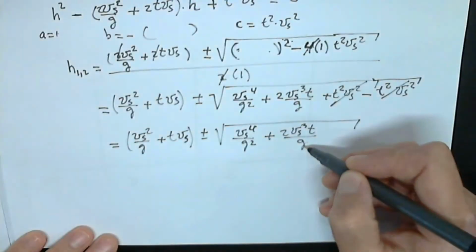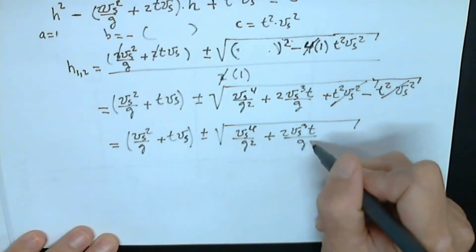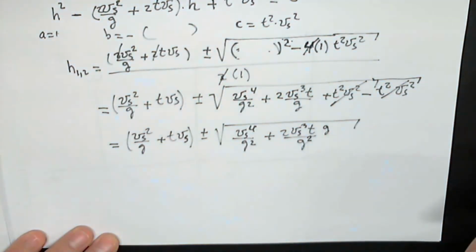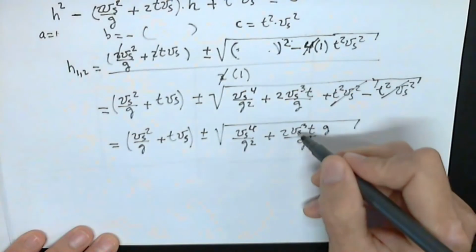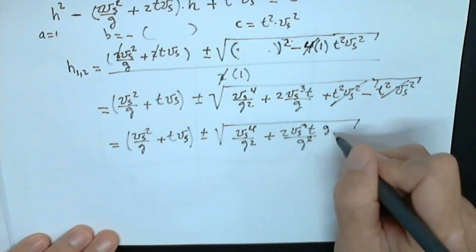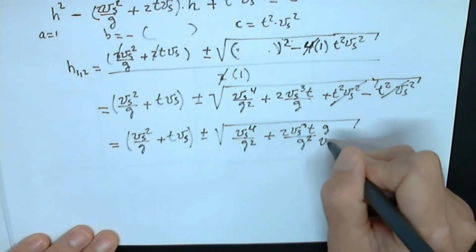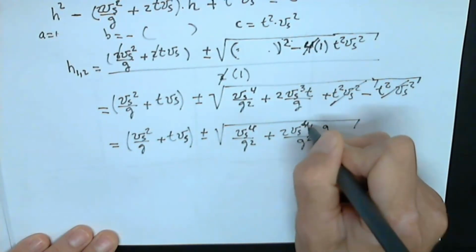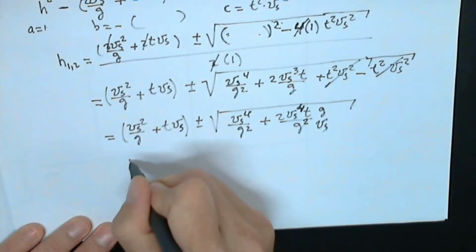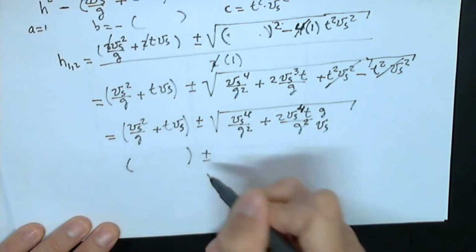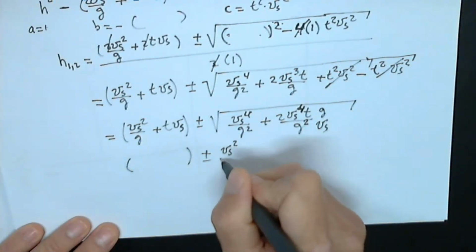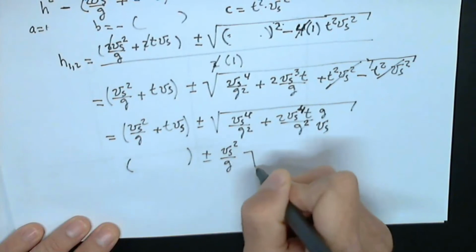So I need to have g squared over here, so I multiply g squared times g, and I need to get bs to the 4th, so I divide by bs and put to the 4th over here, and now this parenthesis stays the same, and I get bs squared over g.